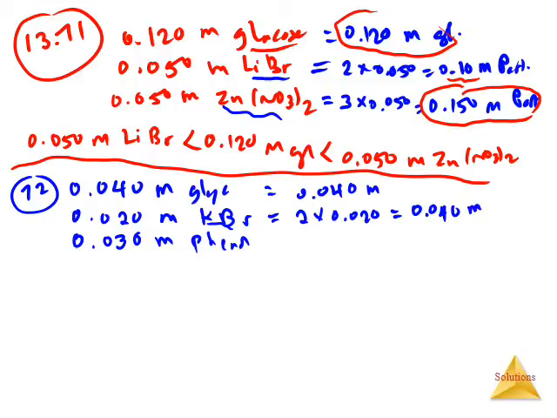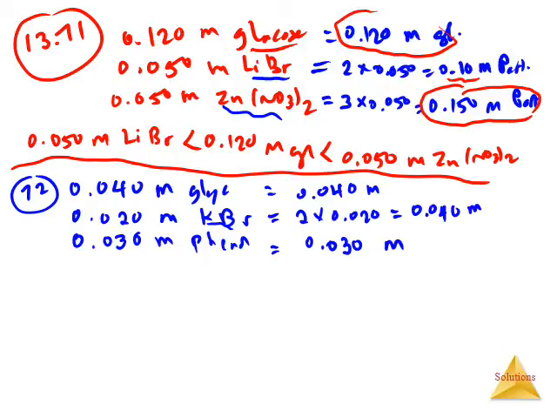In case of phenol, it would be as it is because it doesn't break down, 0.030 molal concentration. Now, if you're wondering how do I know whether a compound is going to break down, try to find out whether it's an ionic compound or not. If it is an ionic compound, it's going to break down. If it is a non-ionic compound, it would not break down.